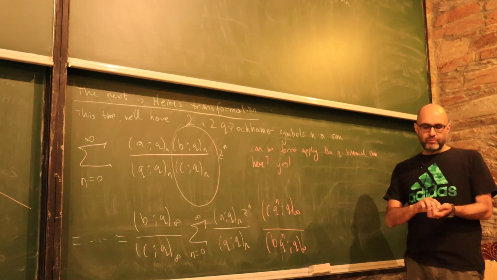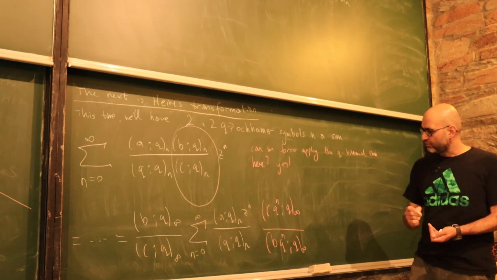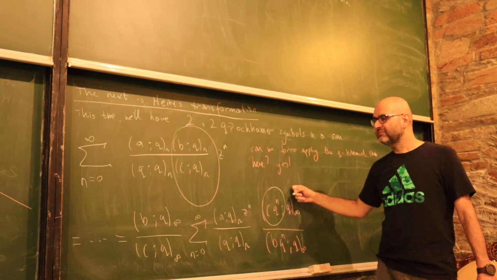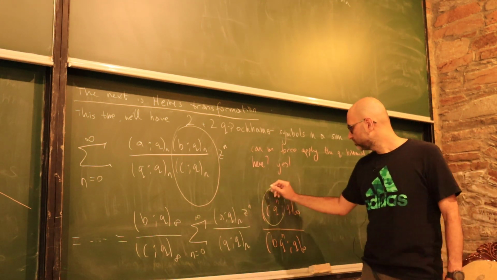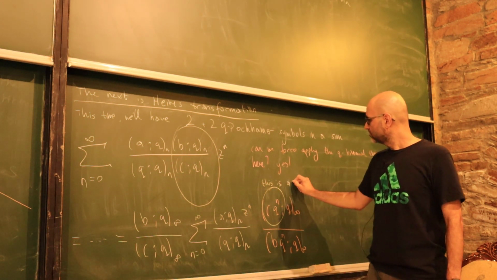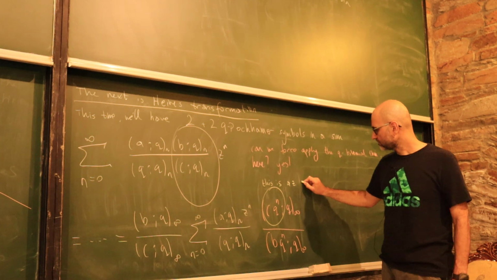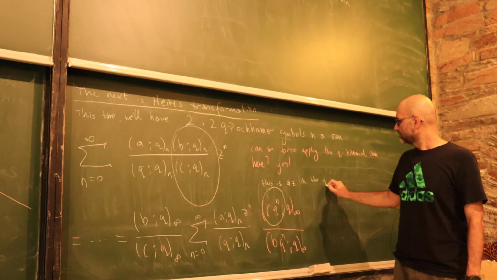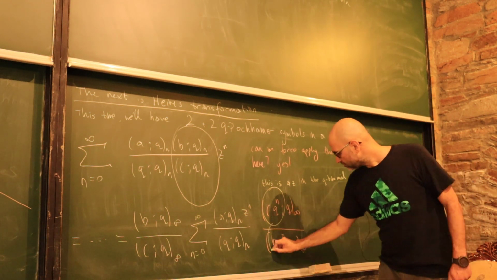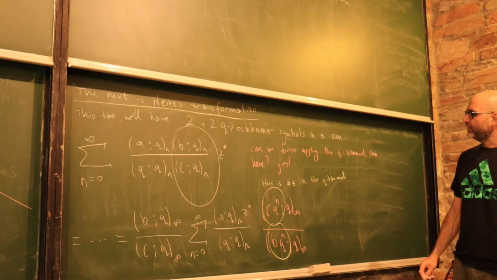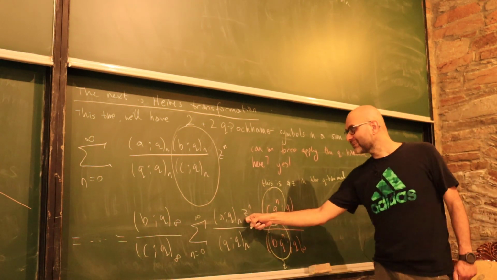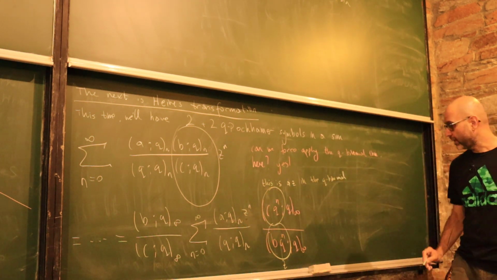We will apply the q-binomial theorem to these two guys. What do we want? We want this to be a times z in the binomial theorem. And that is going to be z in the q-binomial theorem. Not the z here, but the z in the q-binomial theorem.